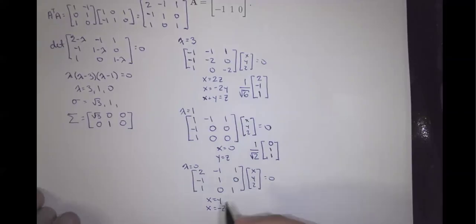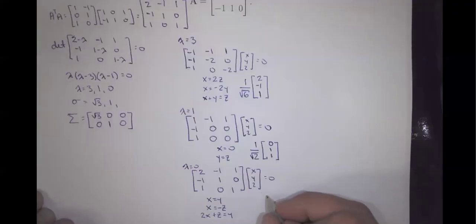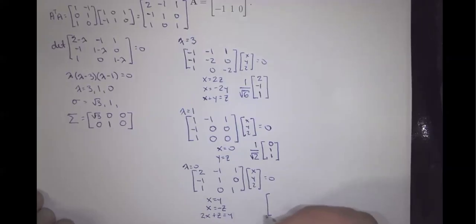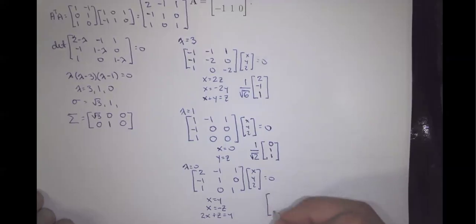And the first line is 2x plus z is equal to y. So let's let z equal 1 again.